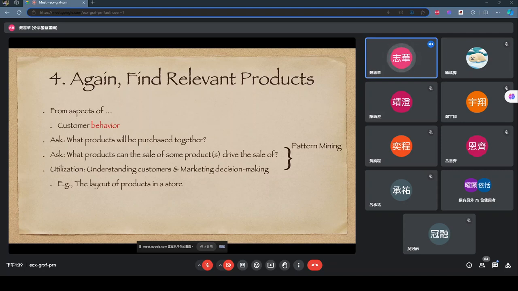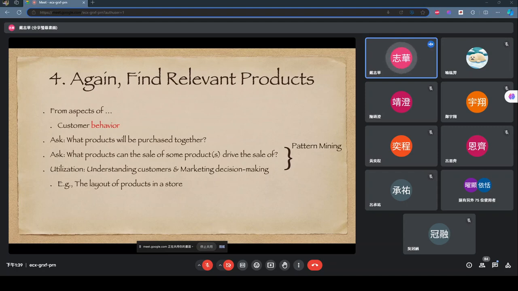Okay, and here I want to say that classification (分类) is well solved by neural network, deep learning techniques, and also machine learning techniques.